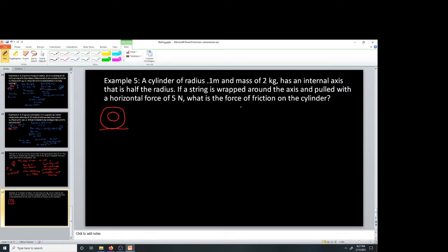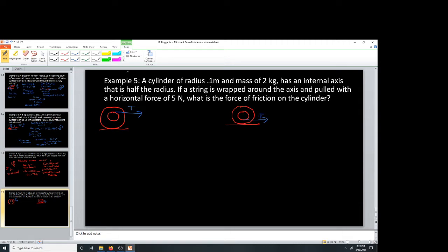And I want to be clear, there are actually 2 possible outcomes to this. You might ask, why are there 2? Well, in one situation, the string is pulling like that. In another situation, the string is pulling from underneath.